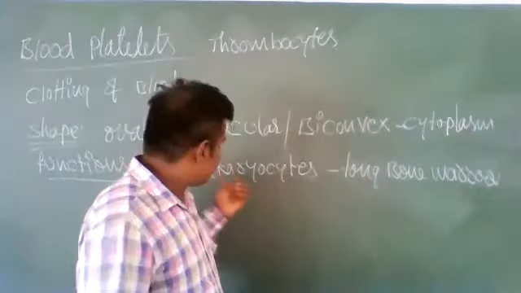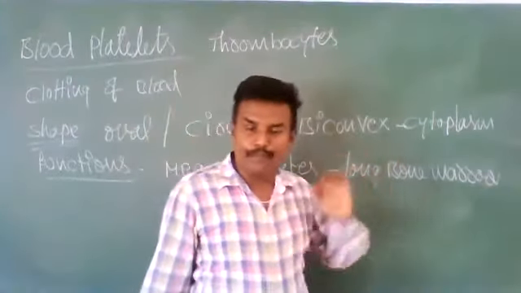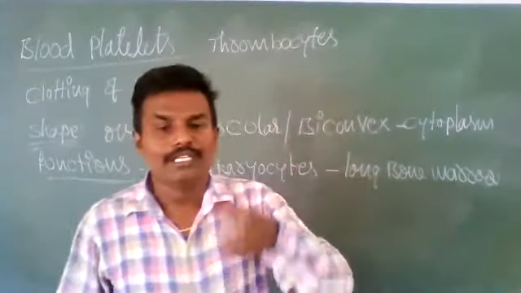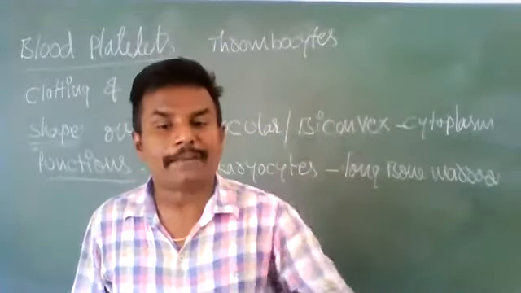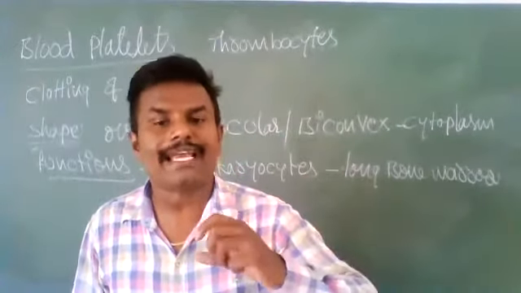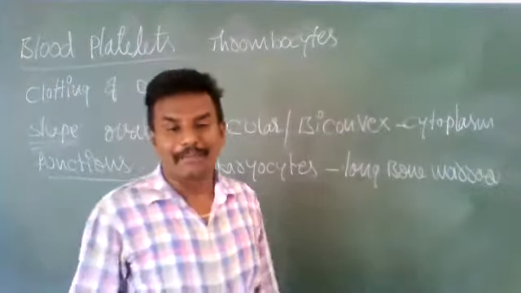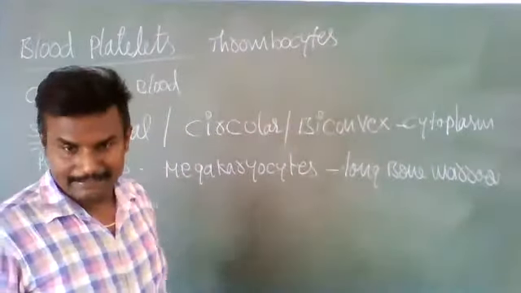Megakaryocytes are specialized cells in the long bone marrow. Those megakaryocytes produce a number of blood platelets.